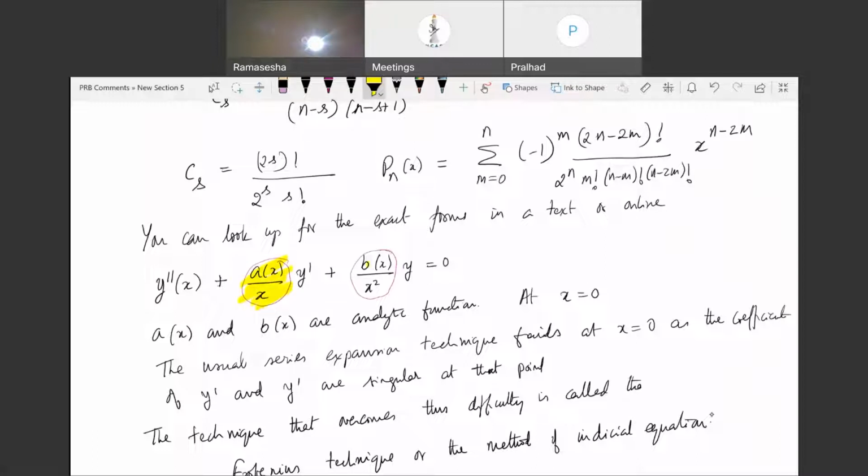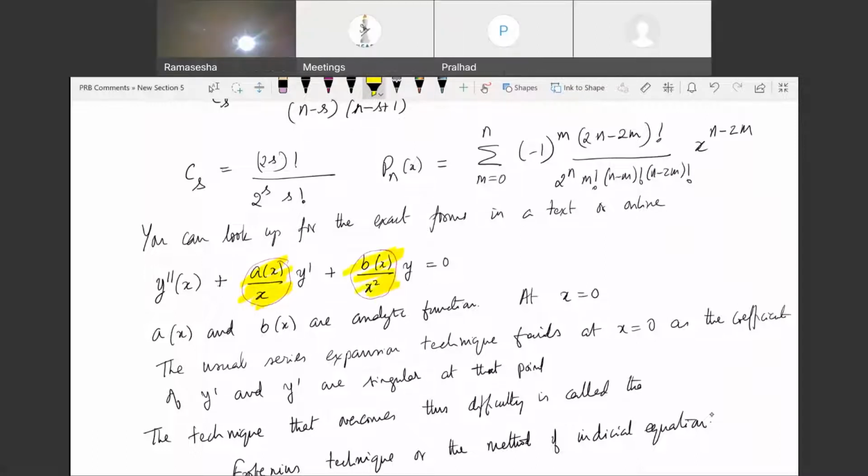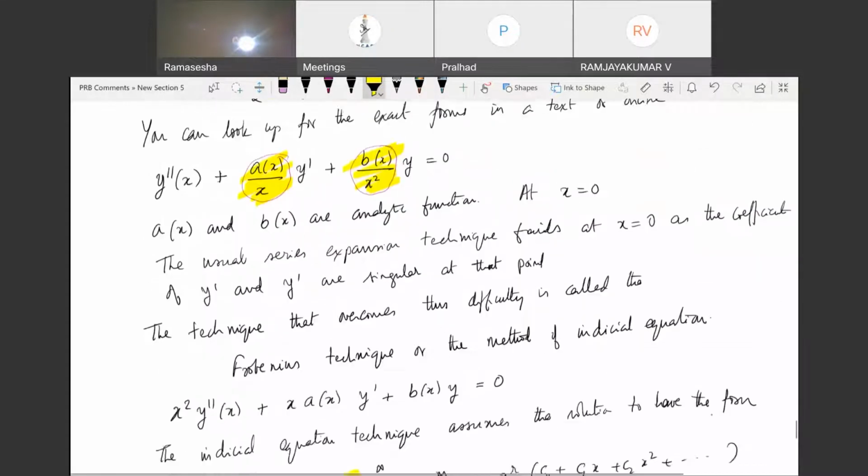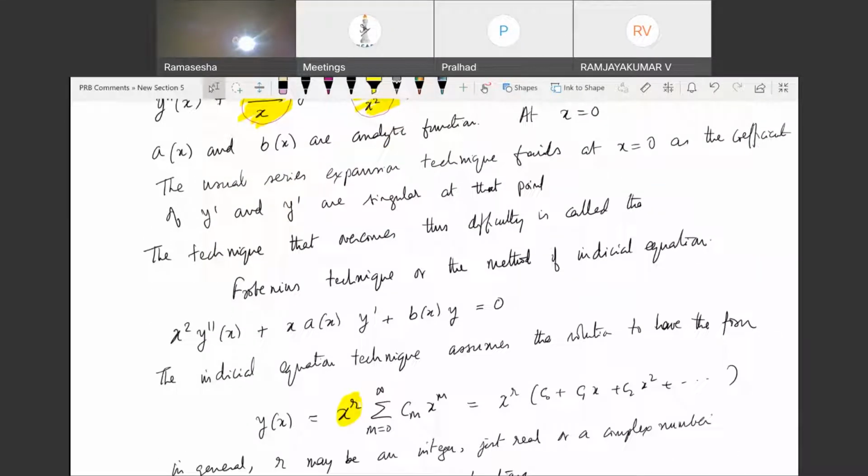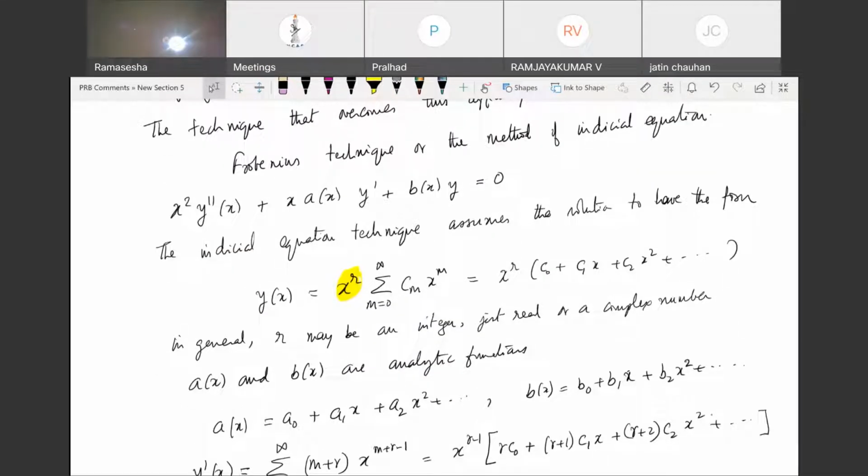Here there is a singularity in the function a(x)/x, and here I have b(x)/x squared as the function. a(x) and b(x) are analytic functions, but because they are divided by x and x squared, they are singular. Now there is a technique called the Frobenius technique, by which we can actually solve this.